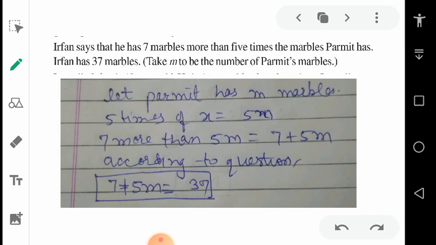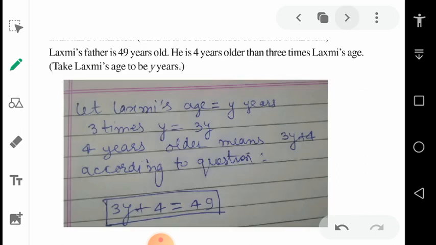Let Parmit have m marbles, then 5 times m is 5m, and 7 more than 5m is 7 plus 5m. These are the marbles which Irfan has, but Irfan has 37 marbles, so both are equal, because this value inside the circle is 37. So we write it in the form of an equation. In this way you will solve.